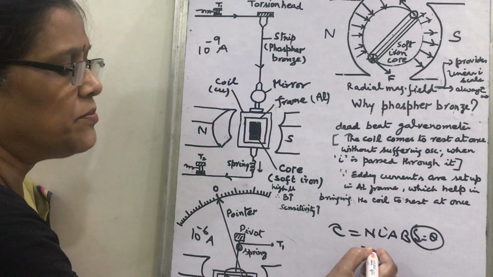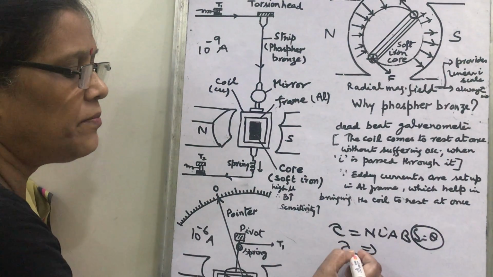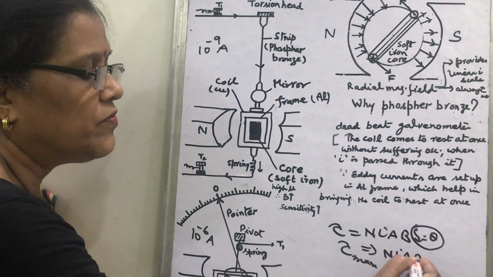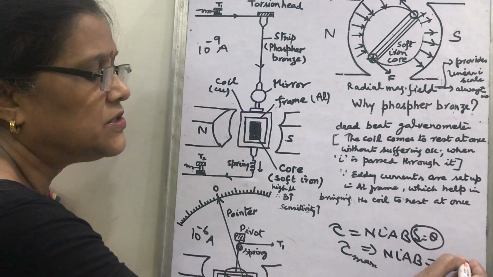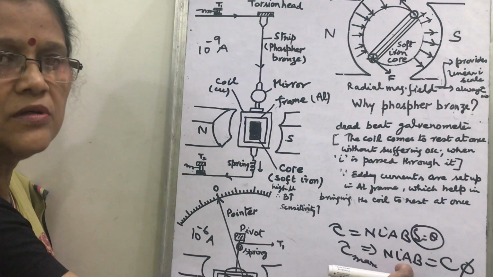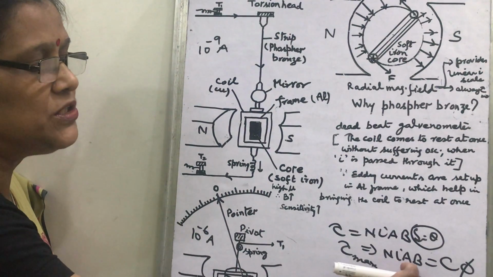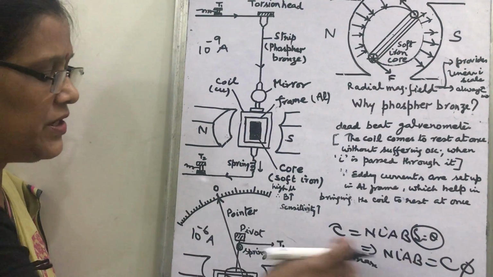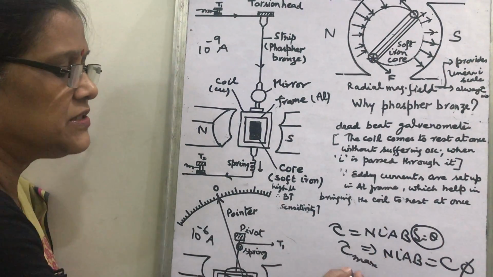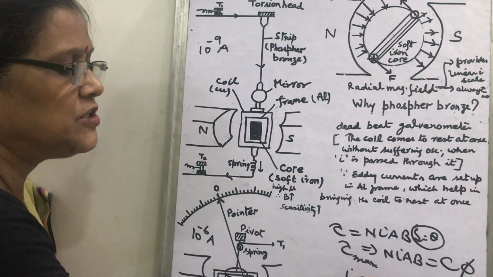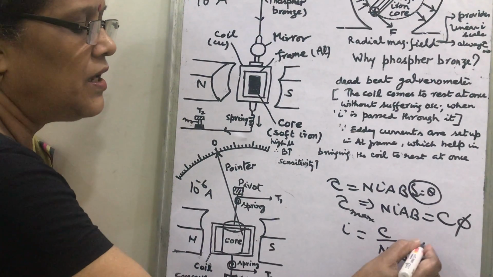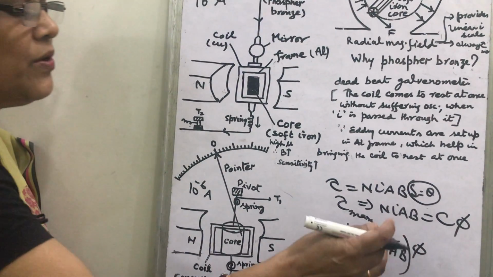So the torque becomes maximum, and you know this NIAB equals the torsional constant C into phi, when the restoring torque equals the maximum torque. At that equilibrium position, the pointer stays and we find it. So here we can say that I is proportional to C upon NAB times phi.